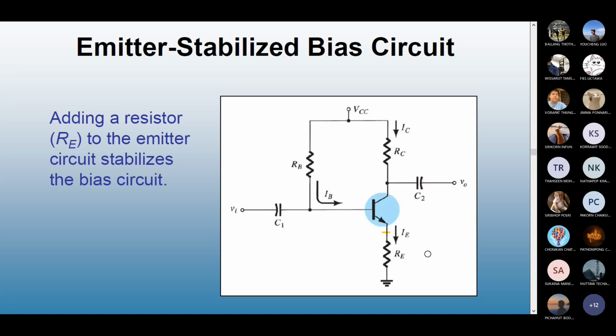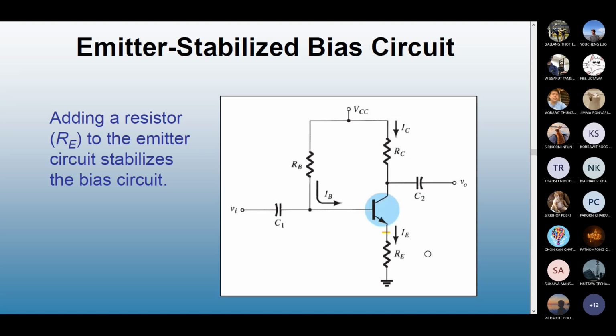If you have a beta of 50, you will have a certain output voltage VCE and certain output current IC. If your beta doubles, your output voltage and current can change by a lot. Maybe the output voltage now changes by almost 100%. Output current also changes by maybe 70–80%. So that's an unstable situation.